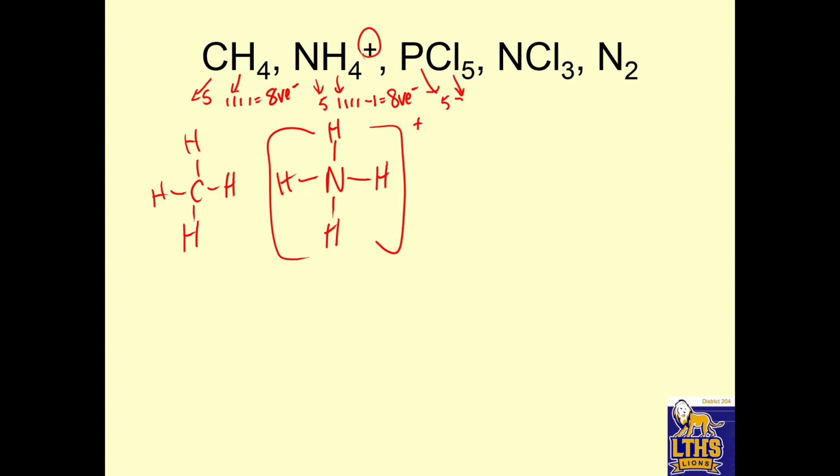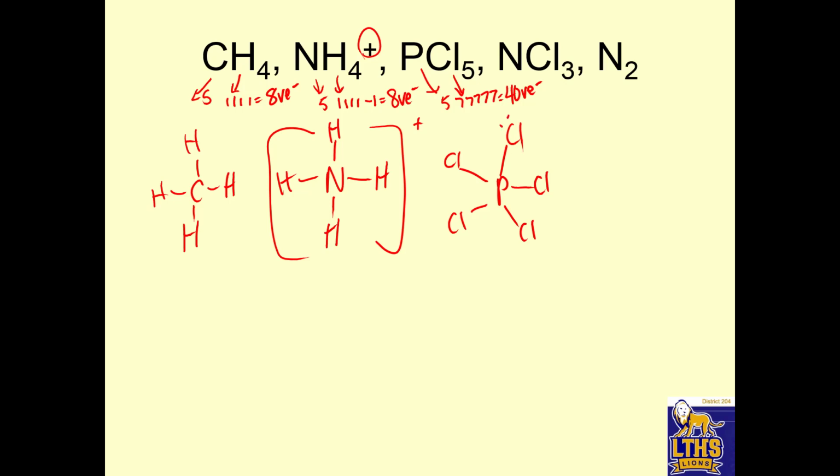Phosphorus, 5. Chlorine, chlorine, chlorine, chlorine, chlorine, so that's 5 times 7, 35, plus 5, 40 valence electrons total. P, Cl, Cl, Cl, Cl, Cl. Wait a second. Phosphorus has 2, 4, 6, 8, 10 electrons around it. Why can that happen?